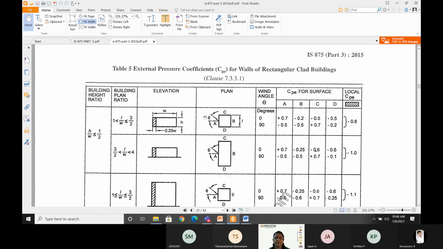Okay, if the wind at 0 degree means it is horizontal. Theta is 0 means the wind angle is horizontal like this, normal to this surface. Then at this surface, the CPE value will be 0.7, the other face it is minus 0.2, other face it is minus 0.5, minus 0.5, etc. If it is 90 degree, what is the value?